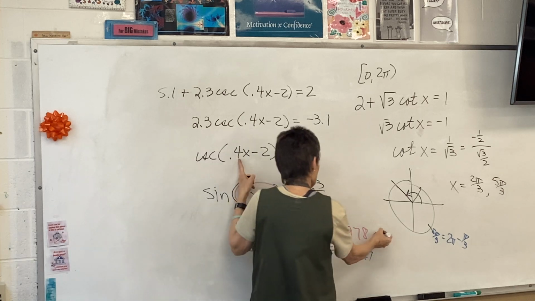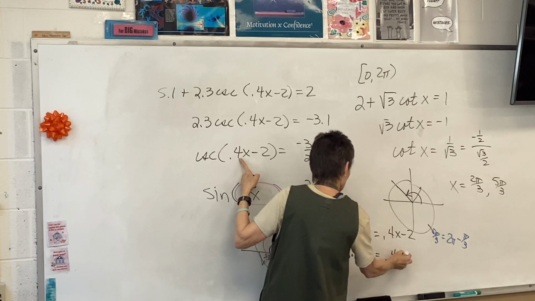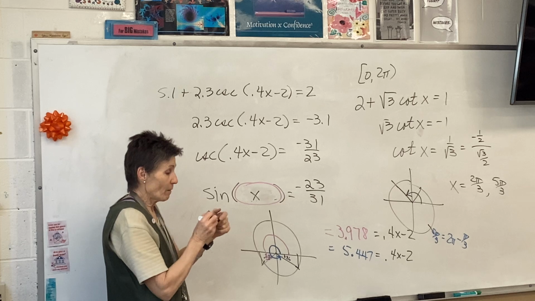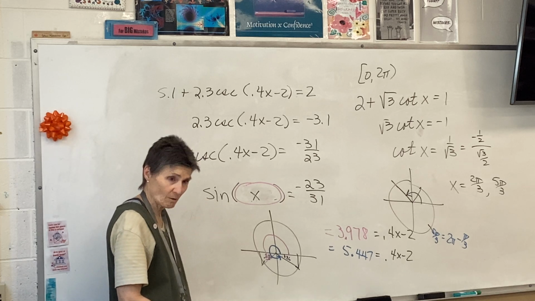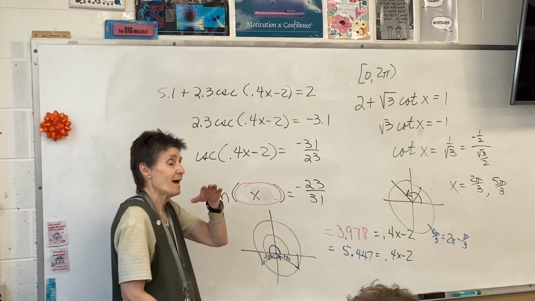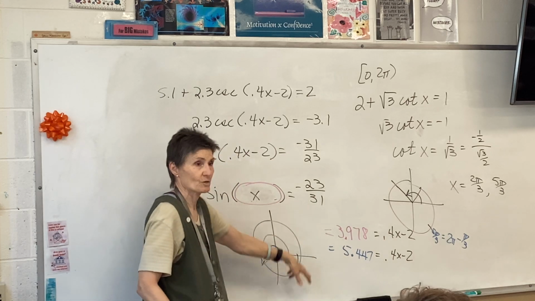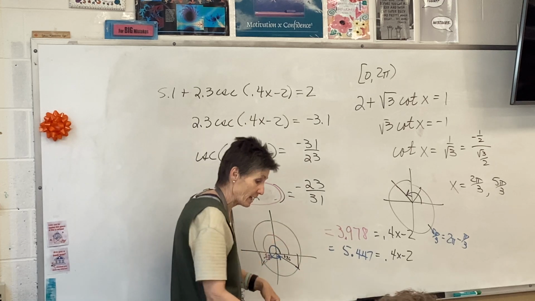So this equals 0.4x minus 2, and this equals 0.4x minus 2. The 0.4x minus 2, Enzo, you're hurting my self-esteem. The 0.4x minus 2 has nothing to do with anything until you get to the end, until you know what your angles are. You gotta find your angles first, and then solve for x.